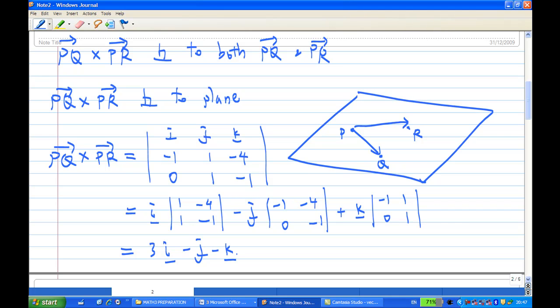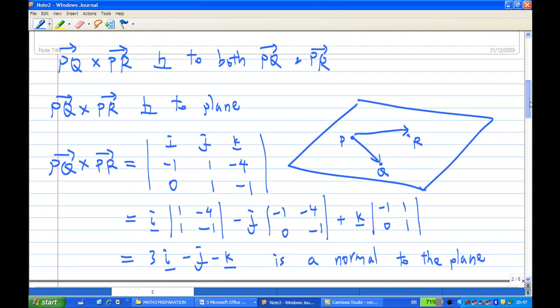So 3i minus j minus k is a normal to the plane. There are many normals as long as the vector is perpendicular to the plane. So this will complete the solution for question 3b part 1.